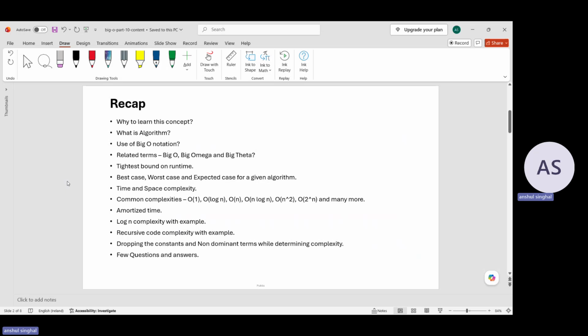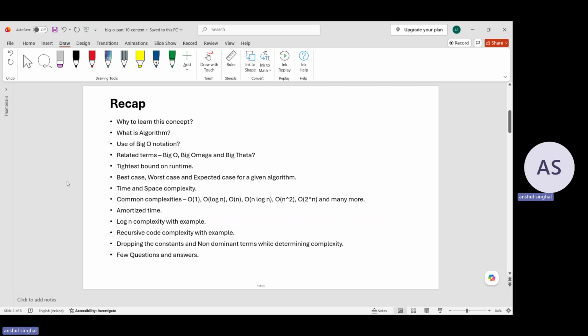First of all, very briefly, let's understand the importance of big O notation as a whole. We learned in the first part of this playlist that big O notation is a useful concept to analyze the complexity of a given algorithm.